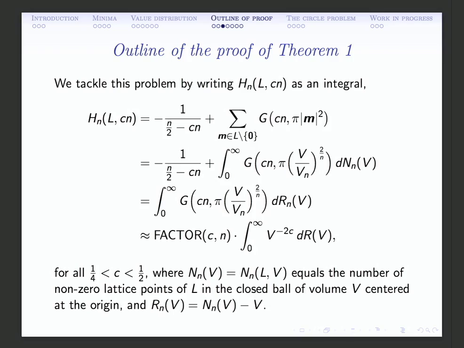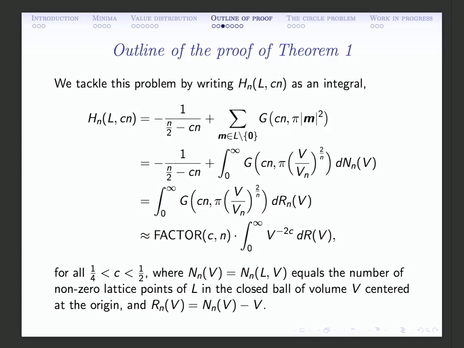What is a little bit the miracle on this slide is that if you calculate the same integral, but you change the measure from dn of v to just dv, you get the first term here. So if you then create what is down here called Rn of v, which is the difference of the measure here and just regular Lebesgue measure, then you can express this entire function Hn as an integral with respect to this measure, the Rn of v.